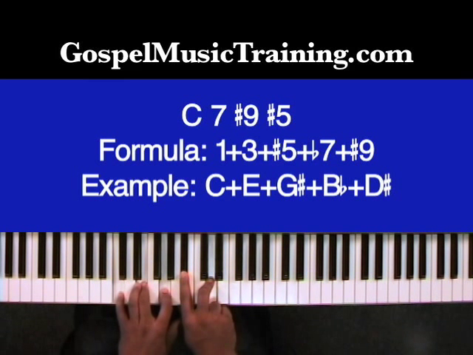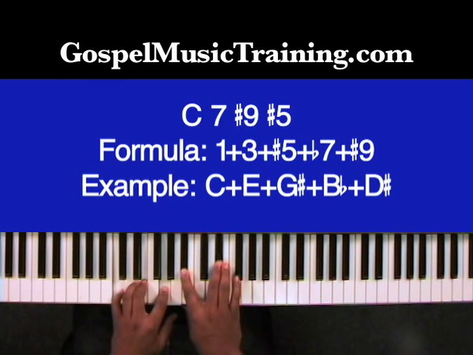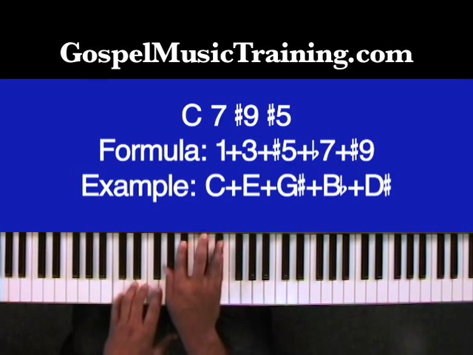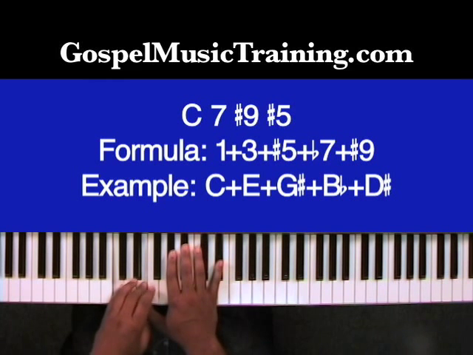Keep that in mind. So the first thing we need to do is sharp the 9, which is D. This is our 9, and we sharp that. All right, so that's the first step. Then the next thing we said was a sharp 9, sharp 5. So you also have to sharp the 5. Now that gives you this chord.